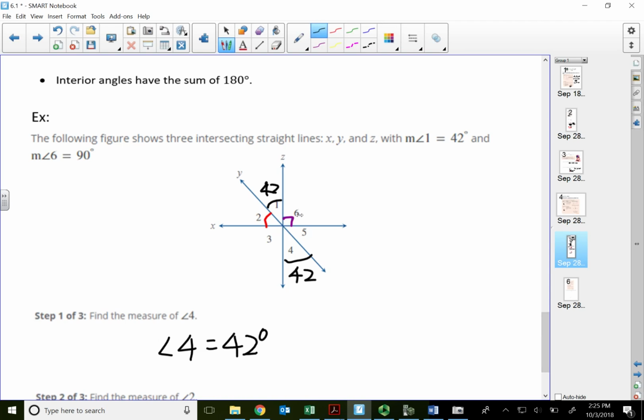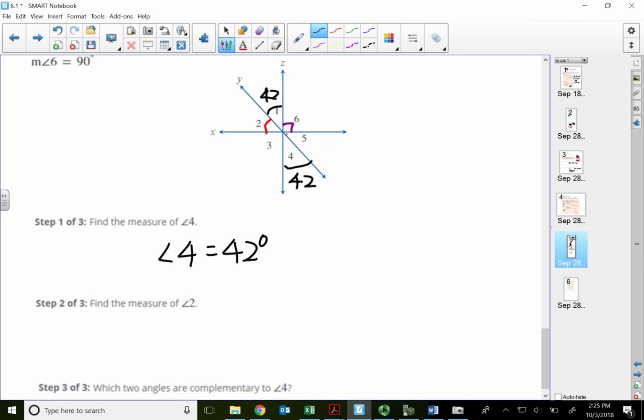If 6 is already 90, that means 1 and 2 together have to be 90. Part of it is 42, so the missing one, angle 2, has to be 90 minus 42 degrees.